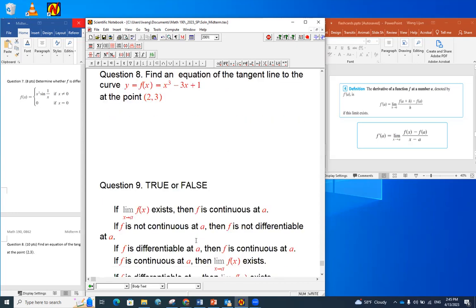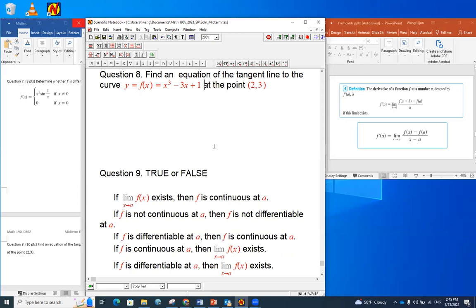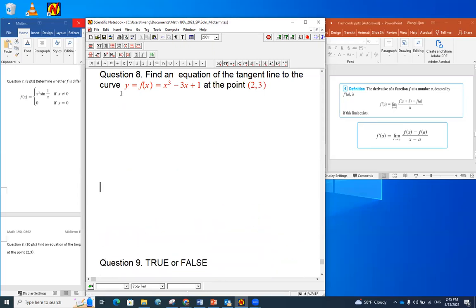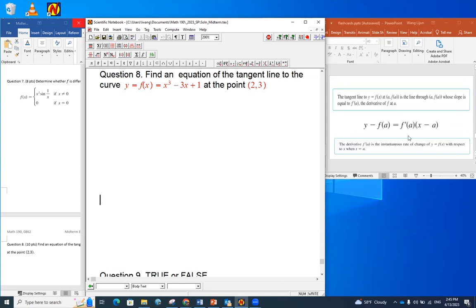Find an equation of the tangent line to the curve at this point. Of course we know the curve. You can plot the curve, but you don't really need to because I didn't allow you to use a calculator. So you just have to understand the meaning: we need to find the slope of the tangent line.